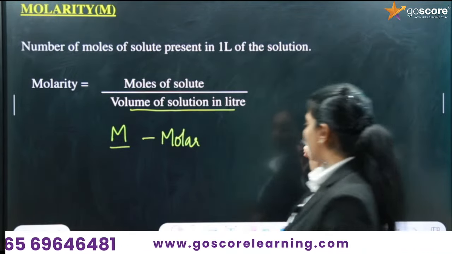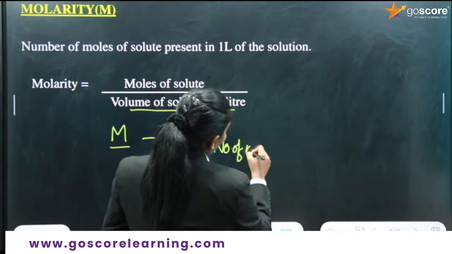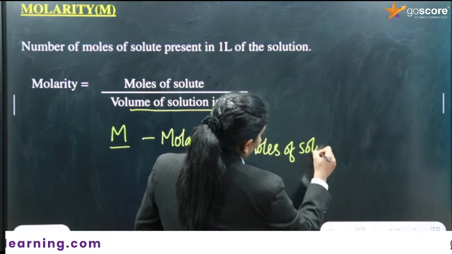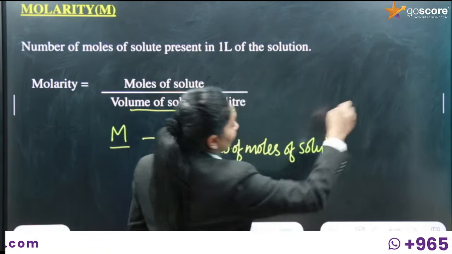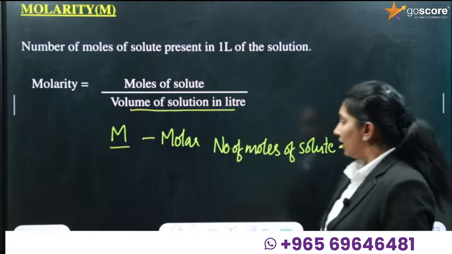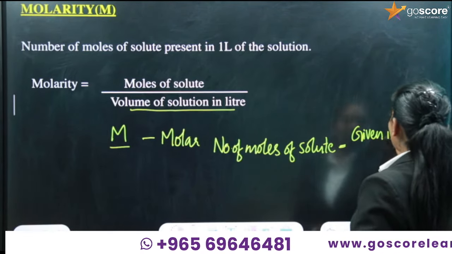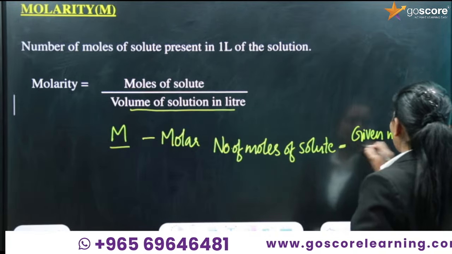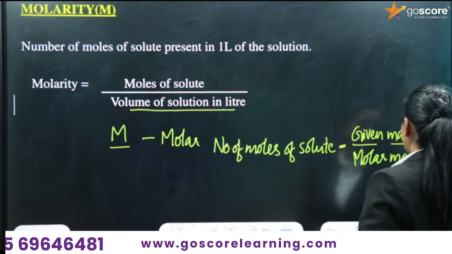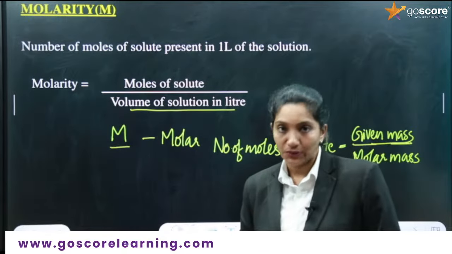The number of moles of solute is given by the given mass divided by the molar mass of solute. Okay, or molecular mass of the particular solute.